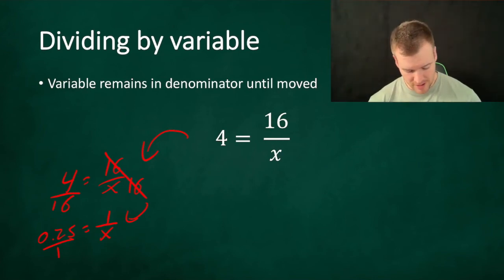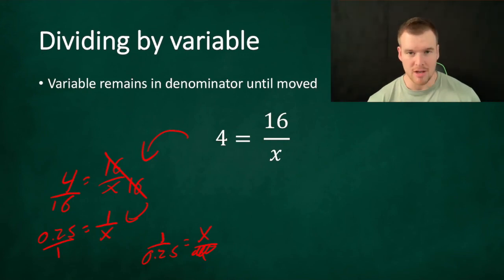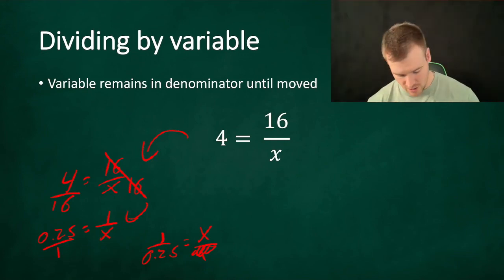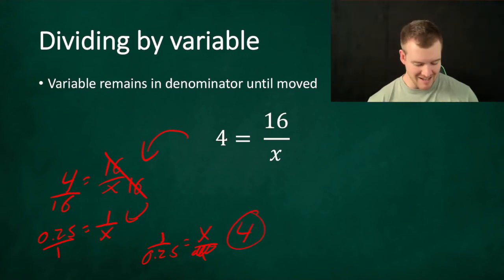So that would mean flipping this to 1 over 0.25 and flipping it into x over 1, which is the same as just x. And that would be your answer. You throw that into your calculator, 1 divided by 0.25, and you would get 4 as your answer. So that's one way to solve it, but I don't really like the 1 over x, so I'm going to show you another way here.